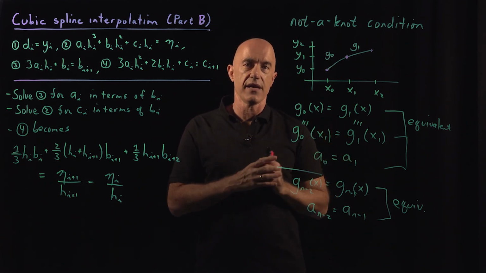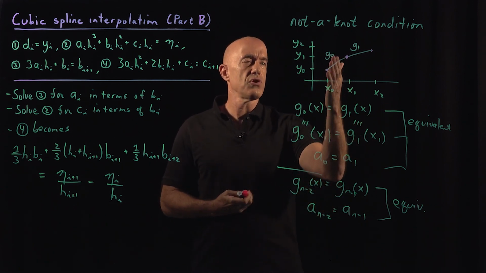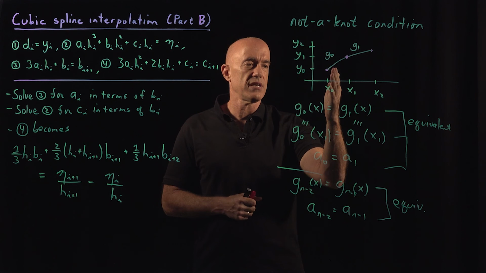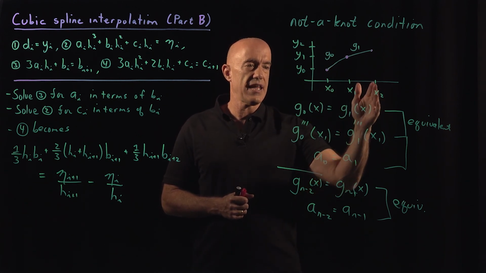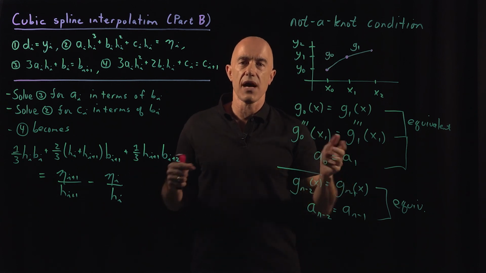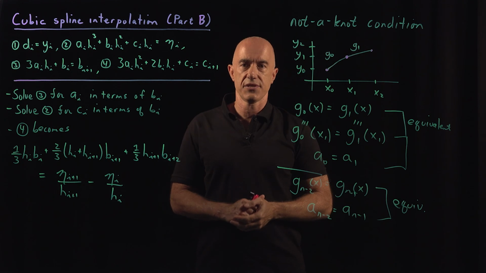You can specify two other conditions. For instance, if you knew the derivative of the function at x0 and the derivative of the function at xn, then you can apply those two conditions instead of the not-a-knot condition.